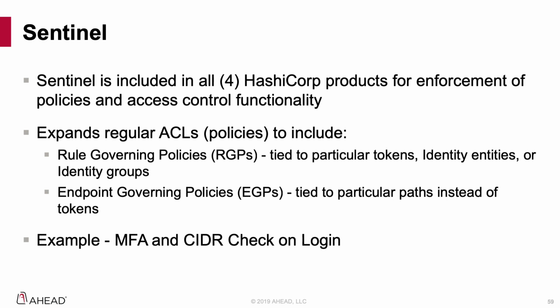An example may be, in order to read the secret, this user must have authenticated with MFA, and they also need to come from this particular CIDR block of IP addresses. Otherwise, they're not going to be able to read the secret. So just an example of what Sentinel can do.